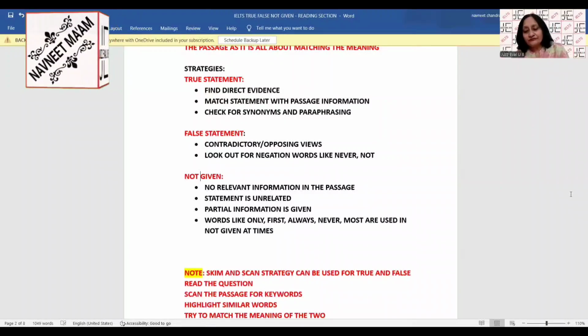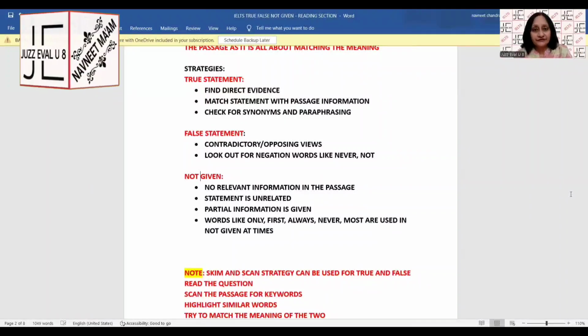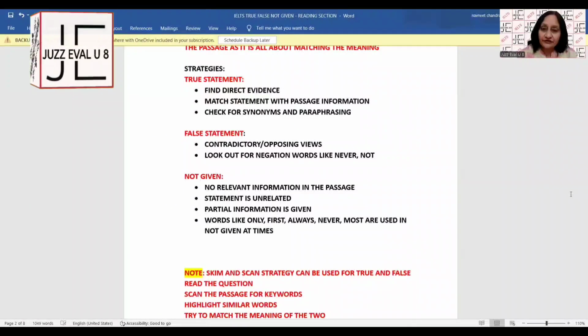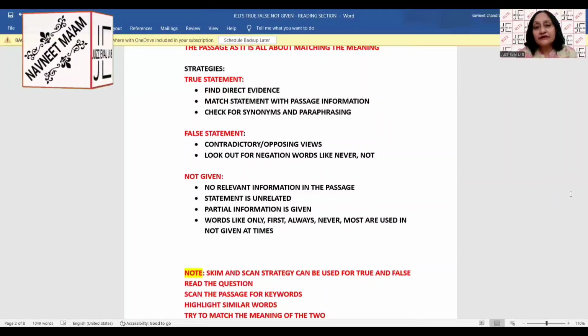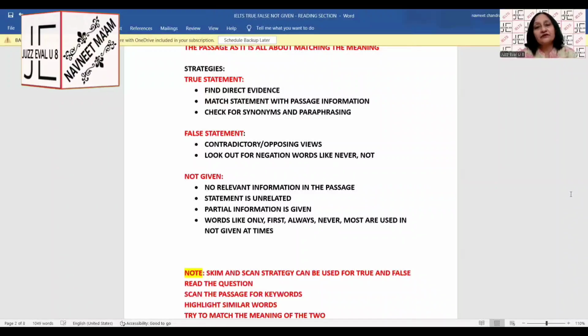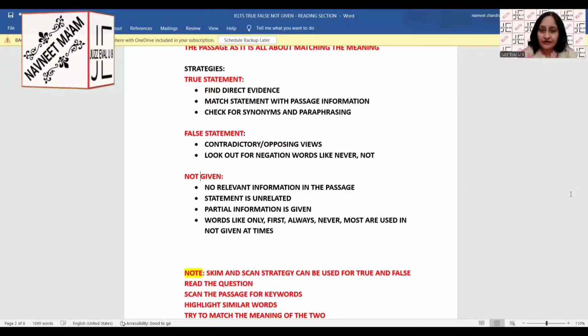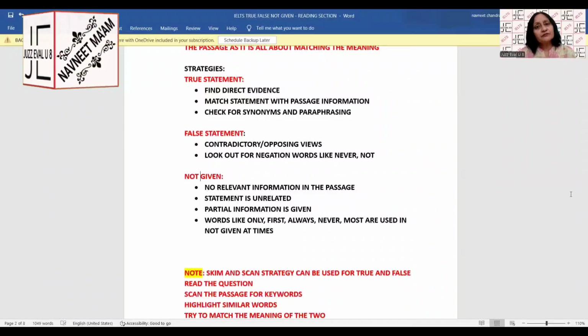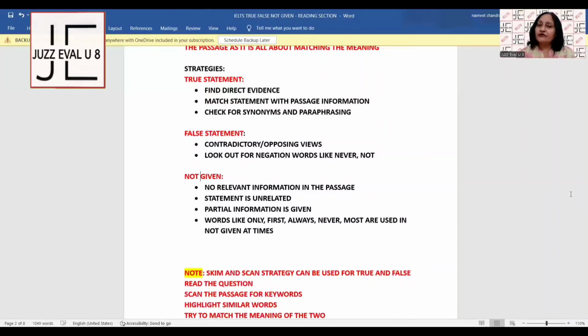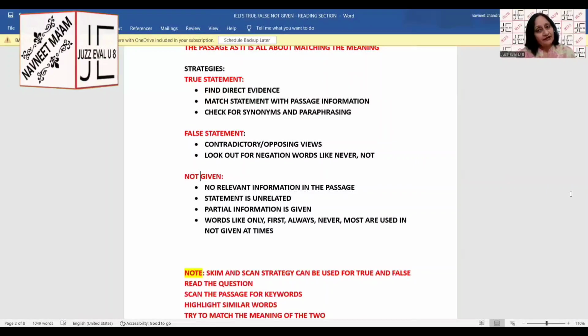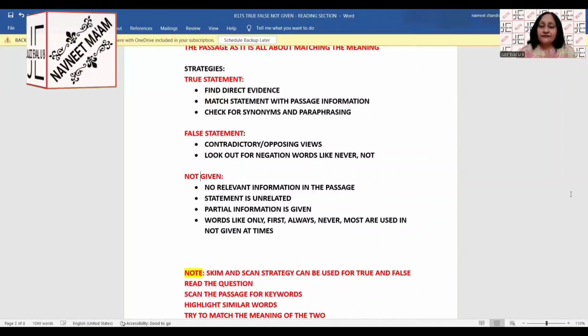Like in the question, it might be framed in a certain way, whereas in the passage, the meaning will be the same, but the sentence would be framed in another way. So that is what paraphrasing is. So you just concentrate on matching the meaning and you will get your answer right.